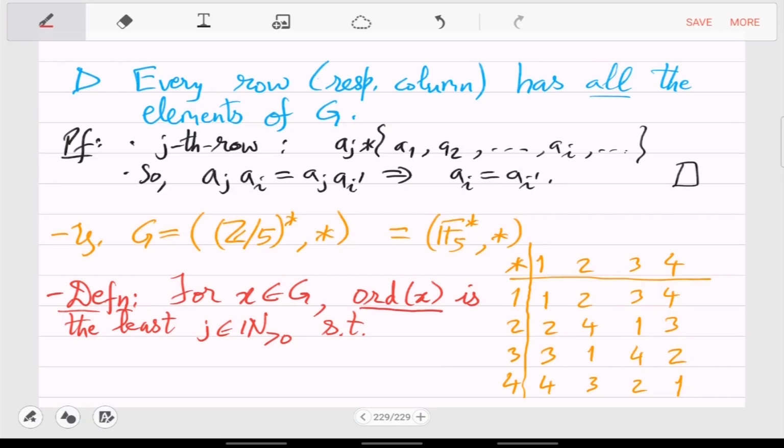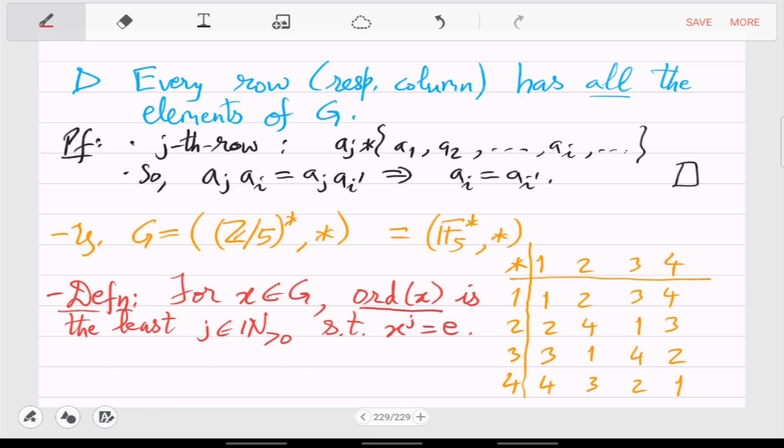Multiplicative order. Here we simply call it order because a group has only one operation. With respect to star, if you do it j times, then you get E. So x to the j just means that the operation is star and you repeat it j times. X square is basically x times x. X0 is by definition E. X1 is just x.